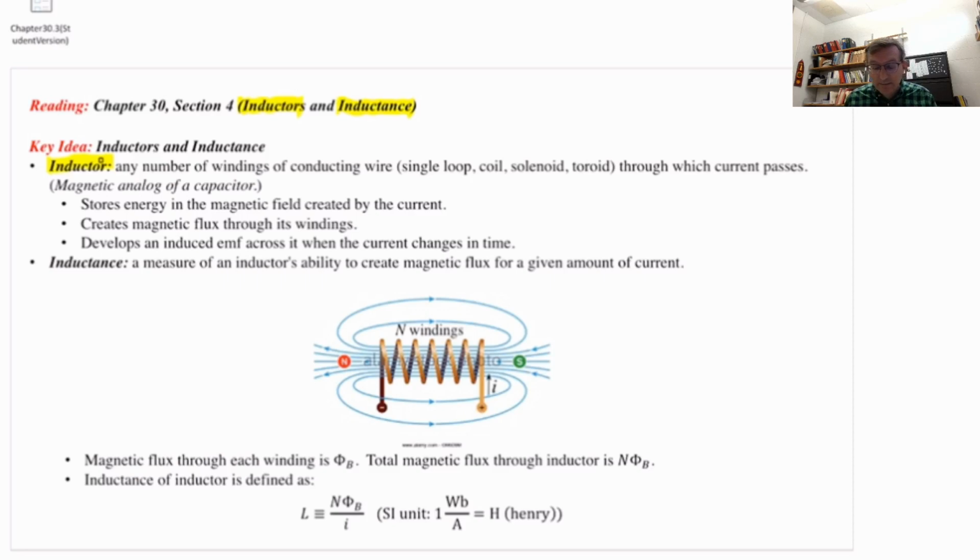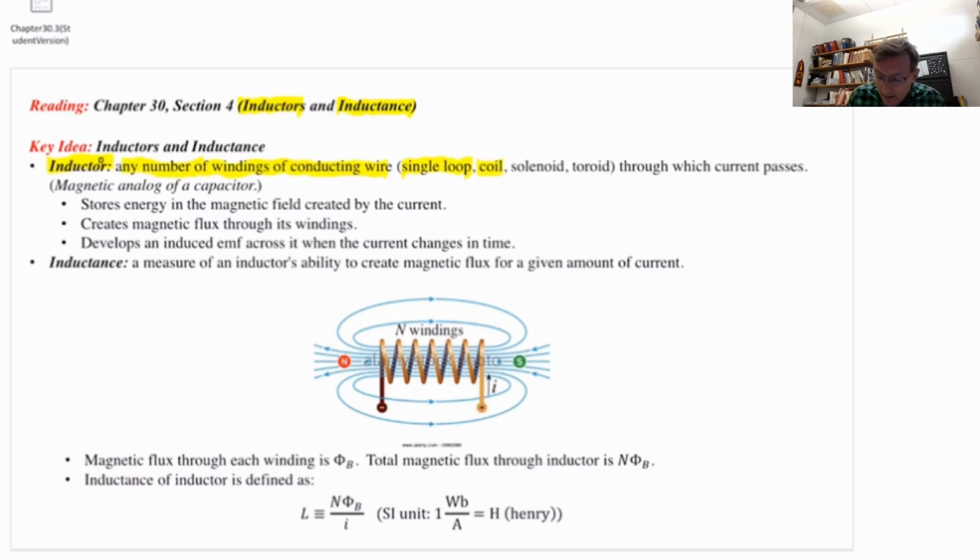Well, it's really quite basic. It's any number of windings of conducting wire, any number of windings looping around. It could be one single loop of wire, once around. It could be what we call a coil, which is really just multiple windings around.